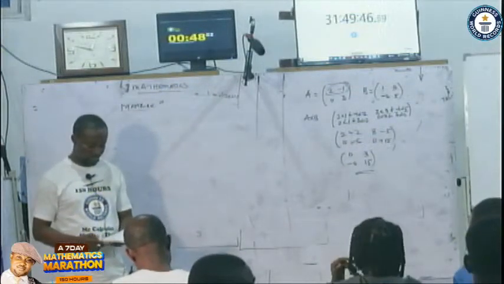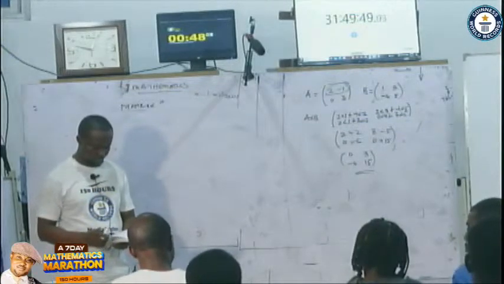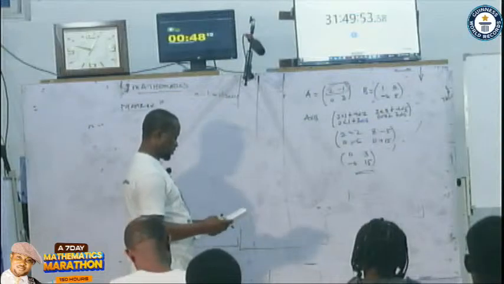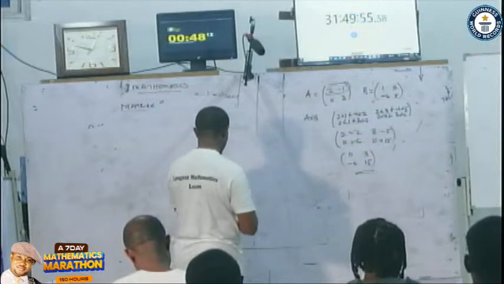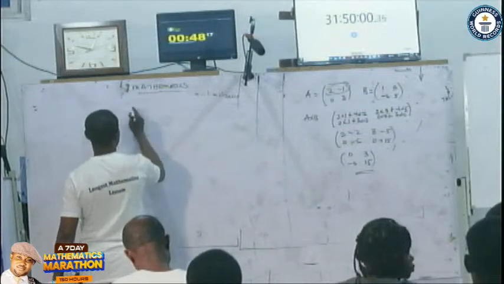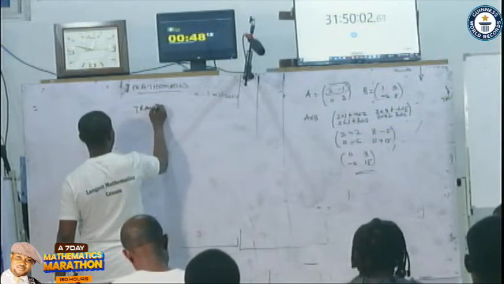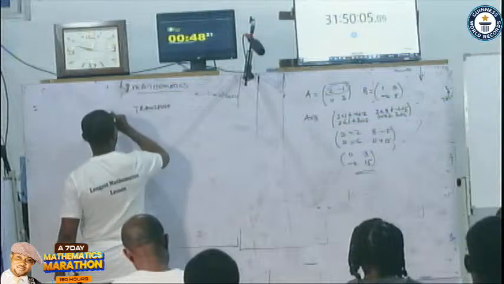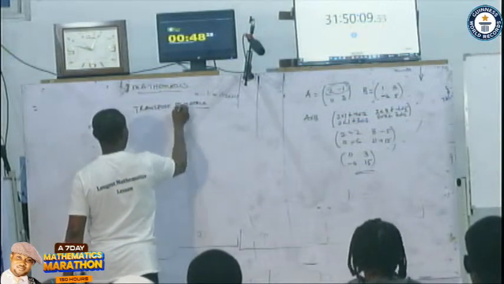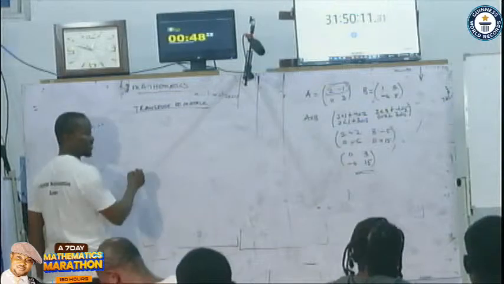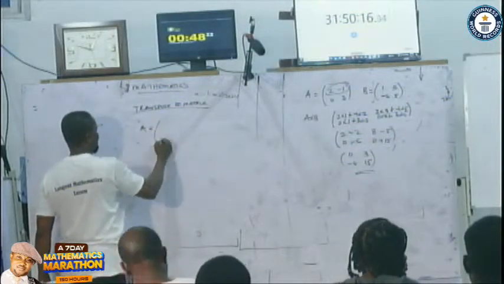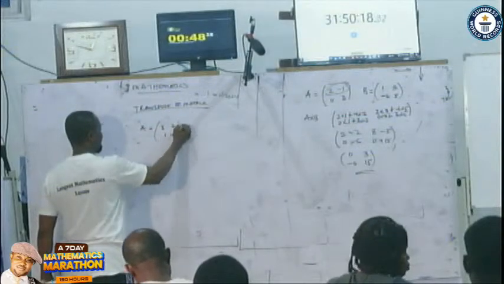So we've got some properties of matrix you need to know. If you have the transpose of a matrix, if you have matrix A, it will be 3, 2, 1, 4.